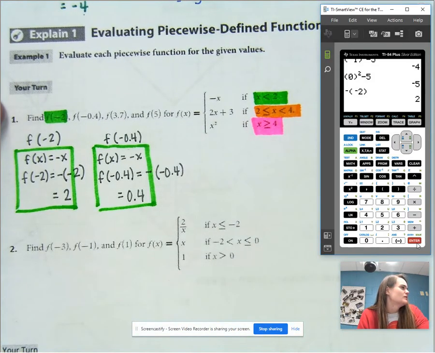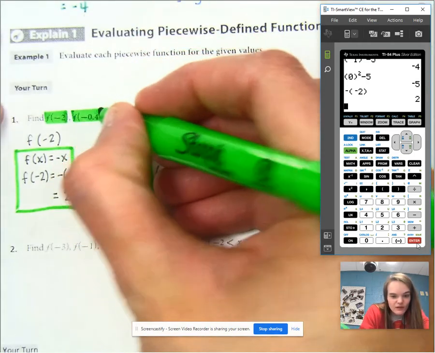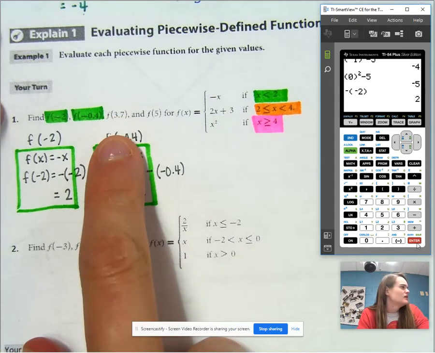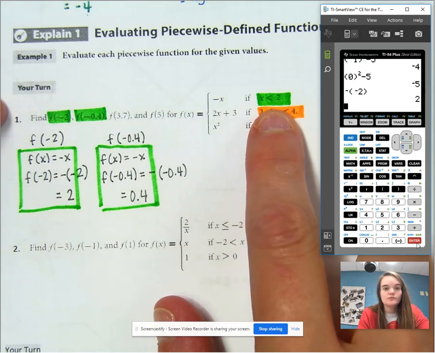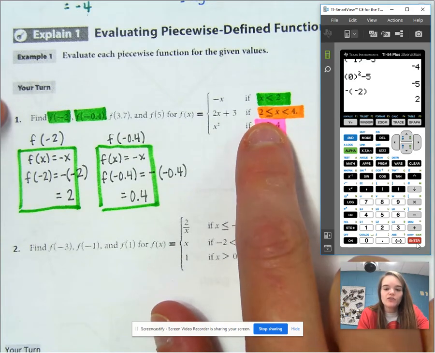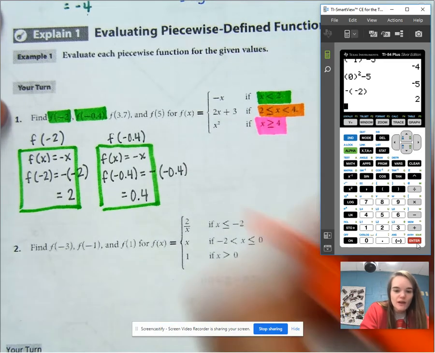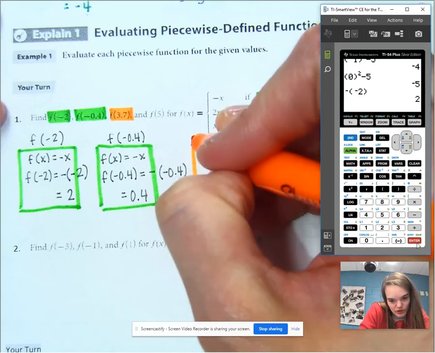Okay, let's keep going. So this one was also in green. All right, the next piece, 3.7. Is 3.7 less than 2? No. Okay, is 3.7 between 2 and 4? Yes, it is. That means we will be using the orange function.